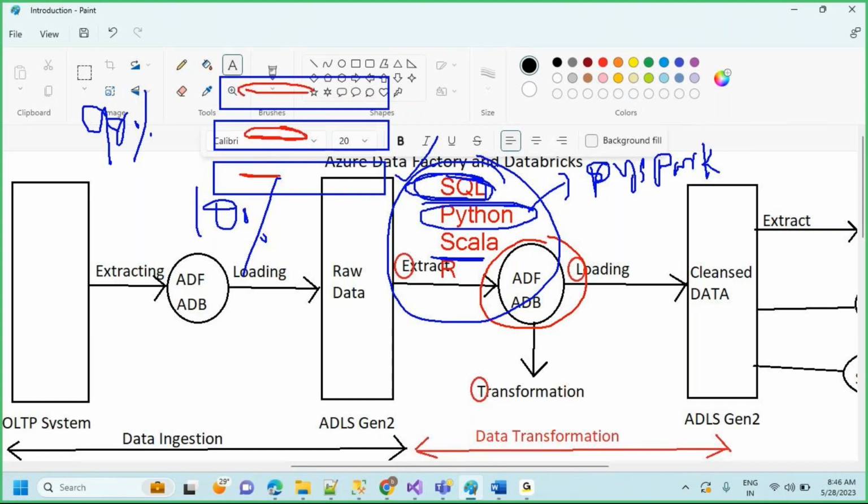Reading logic, transformation logic, and writing logic. Reading is PySpark and writing is also PySpark. But most of the transformations we have done with SQL, because we have a lot of traditional ETL projects. You will find SQL much easier when you compare it with PySpark.